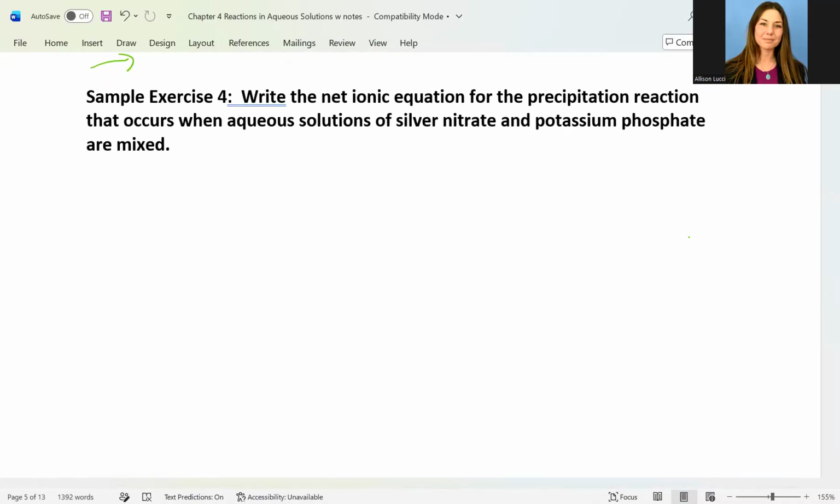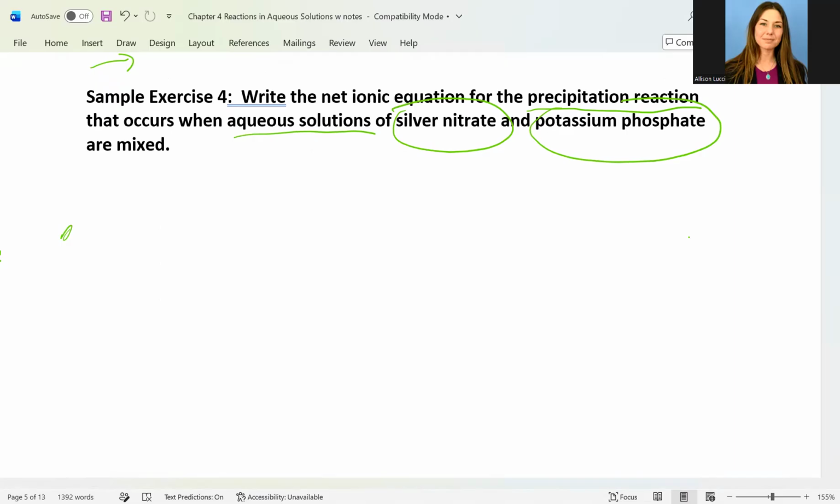So let's look at sample exercise 4, where we're asked to write the net ionic equation, and we're told that this is going to be a precipitation reaction when we mix aqueous solutions of our first reactant, silver nitrate, and our second, potassium phosphate. So let's see what this would look like if we were to write this out.